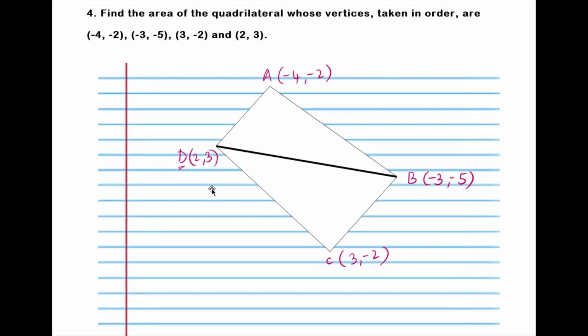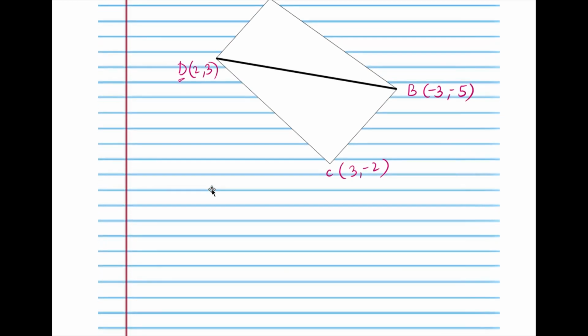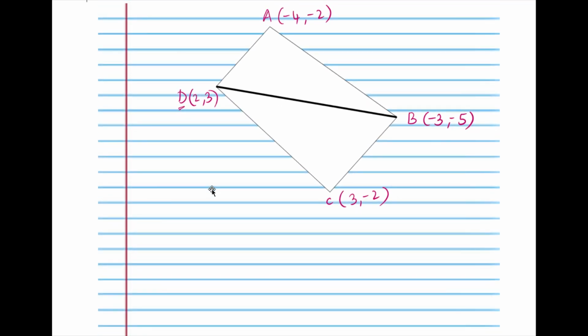We need to find out the area of triangle ABD and DBC separately. Then you need to add the areas of these two triangles to get the area of quadrilateral ABCD. Now the first step is we'll find the area of triangle ABD.